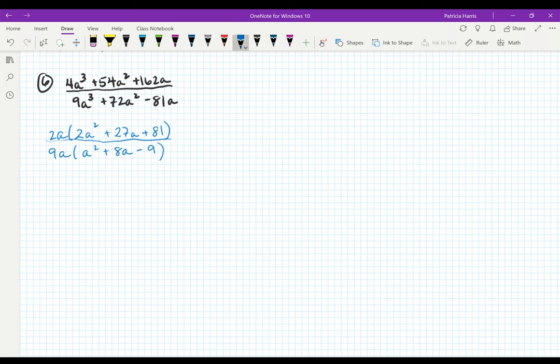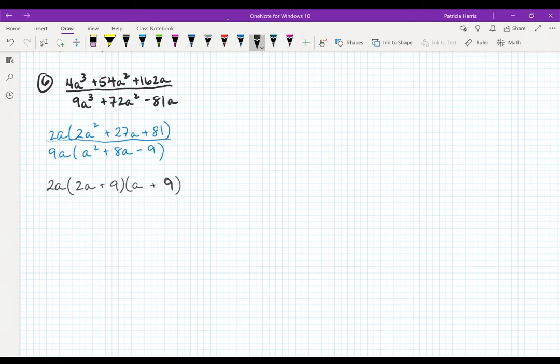Okay, and always ask yourself, am I done factoring? So let's see. Let's try this out. Again, I'm going to use guess and check. So 2a, let's see, 9 and 9, plus and plus because it's a positive 81.